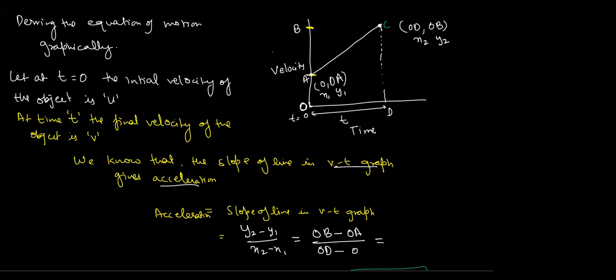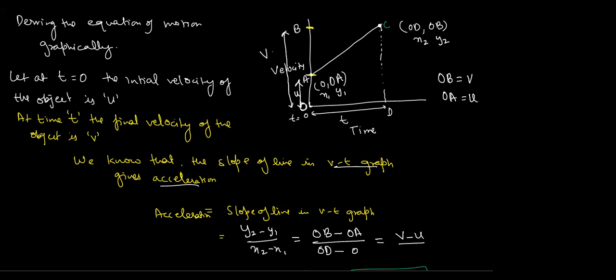Then what is the value of OB? OB is this distance, and this is the final velocity V of the object. So you can write OB is equal to V. And OA is the initial velocity, so you can write OA is equal to U. What is the value of OD?